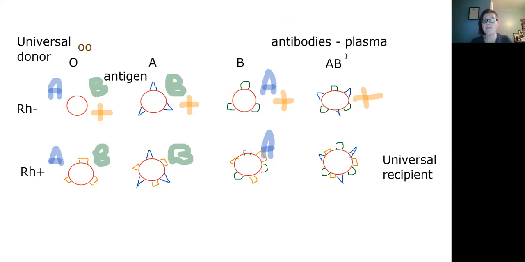If you have AB blood, you better have an A gene and a B gene because you have to have one gene for each hat. If you have A blood, you need to have at least one A gene. You could have two A genes. You could also have an A gene and an O gene because the O doesn't provide a hat anyway.